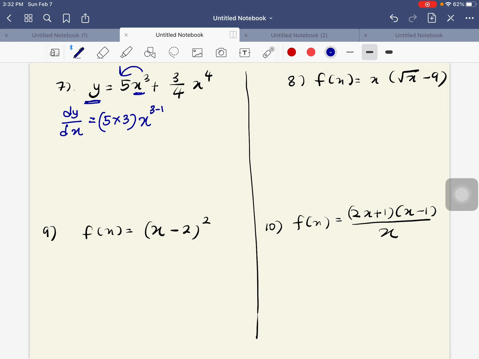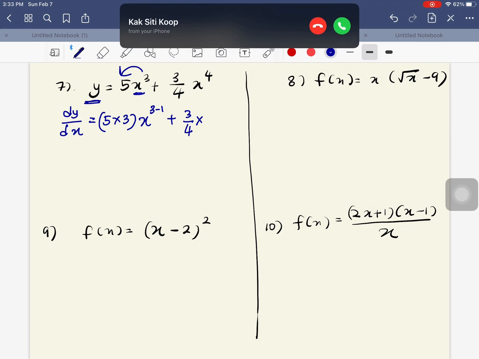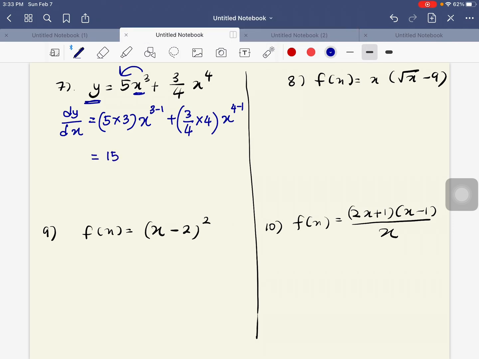I lose 1x. I kehilangan 1x. And same goes with the other terms. So it's 3 over 4 times with 4. So x power of 4 minus 1. Okay. So we have 15x power of 2 plus 3x power of 3. Okay. Next one. Okay, so that's your answer, yeah?